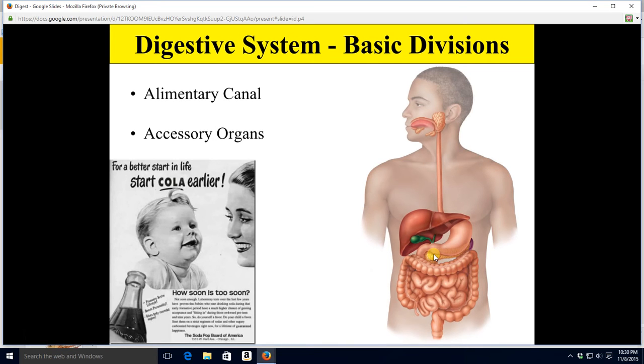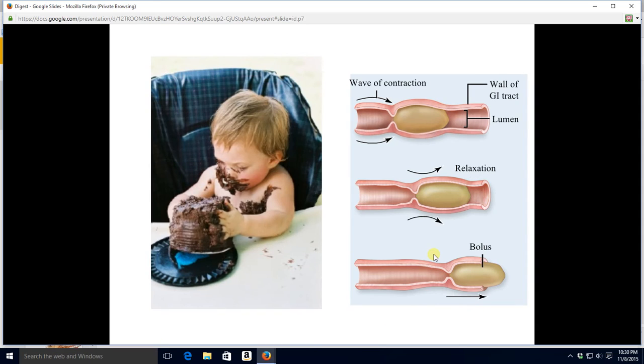Okay, let's talk about some big basic digestive events. One basic digestive event is ingestion, the act of eating, like this kid is doing here. Another basic digestive event is propulsion, moving food and food wastes from the mouth to the anus.